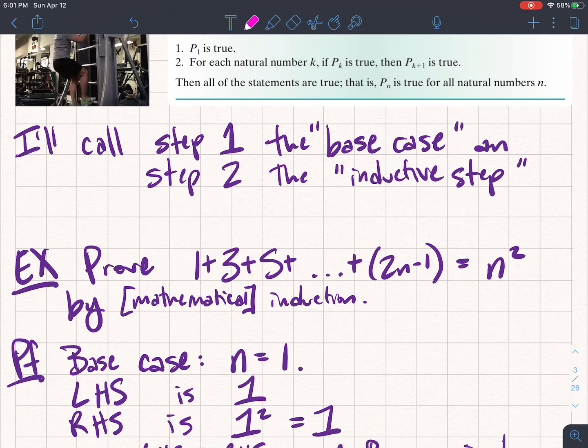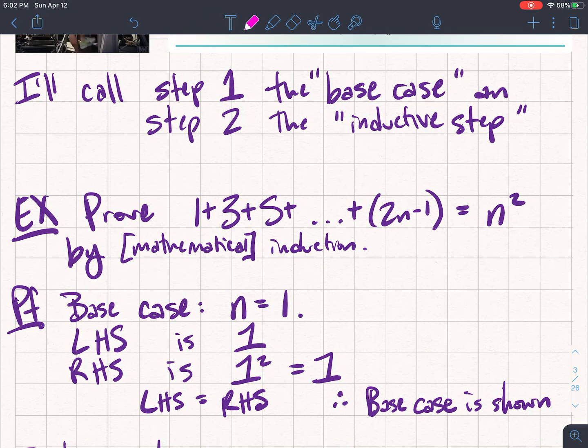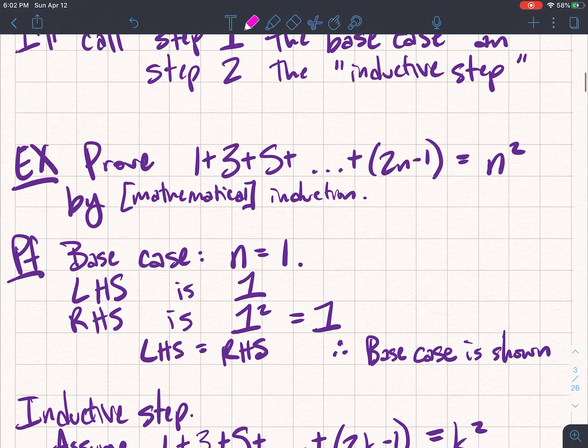The base case is this equation, 1 plus 3 plus 5 dot dot dot up to 2n minus 1 equals n squared, when n is 1. If I plug 1 in for n, the right hand side is 1 and the left hand side is 1. 1 equals 1, so the base case is proved. Done the base case. Then I need to do the inductive step.